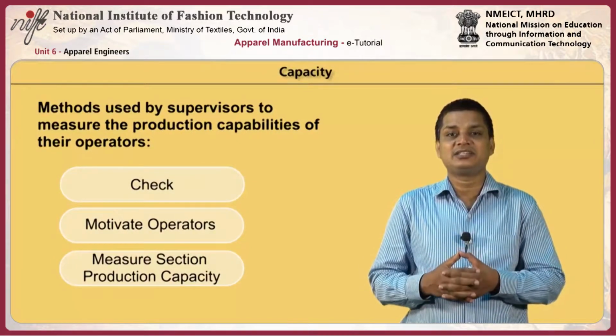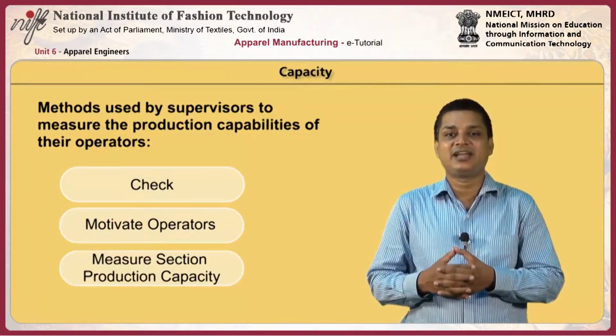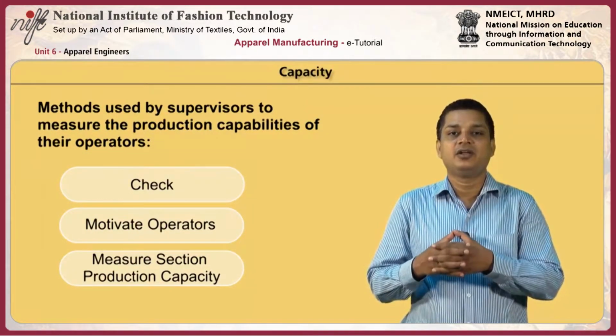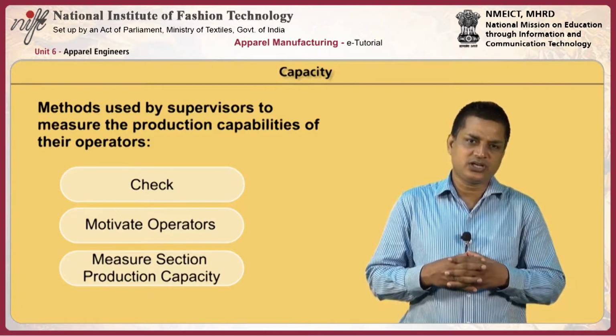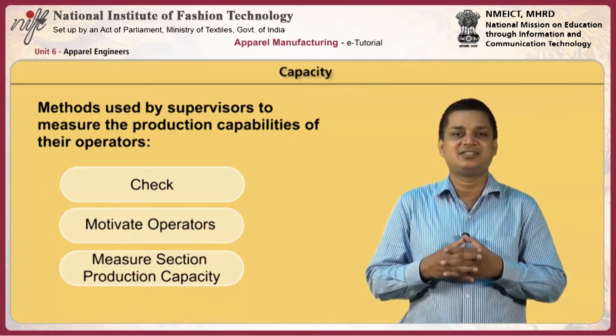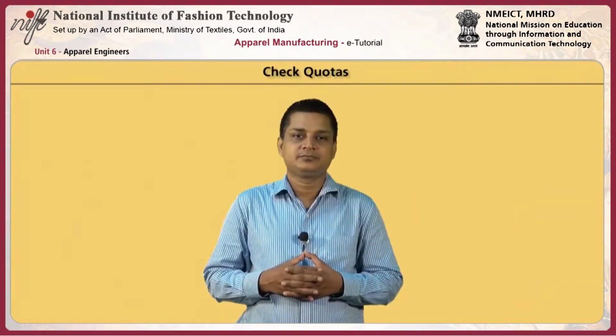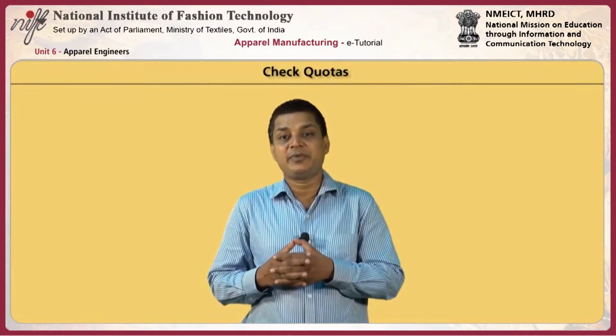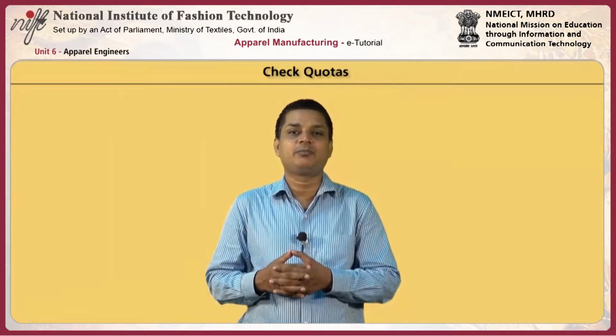Here are some ways by which supervisors find it useful to measure the production capabilities of their operators: check quota, motivate operators and measure section production capacity. It is a fairly common occurrence for an operator to complain to her supervisor, "I cannot make the quota on this job. It is too high." When a new quota is set, the supervisor may have a group of operators making this complaint.